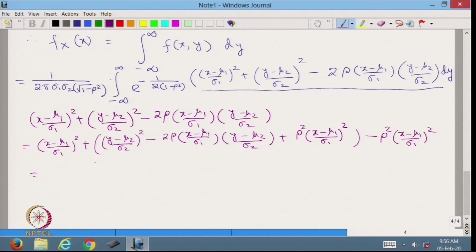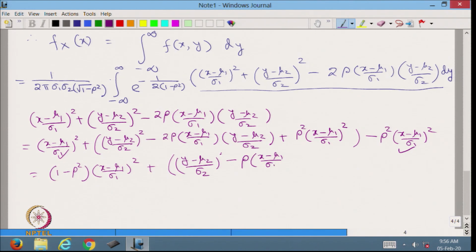This is equal to, now we can put these two terms together, (1 − ρ²)((x − μ1)/σ1) whole square plus, now we can write this term as ((y − μ2)/σ2 − ρ(x − μ1)/σ1) whole square.